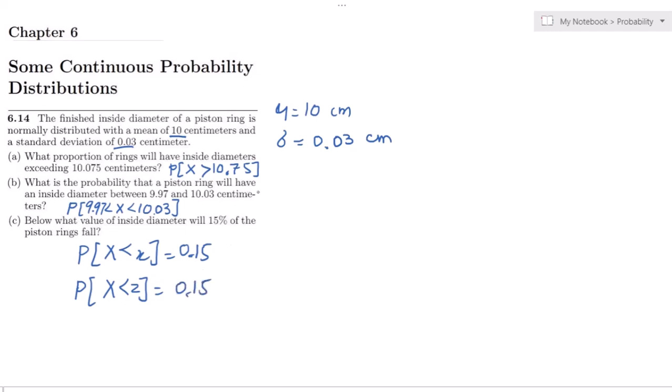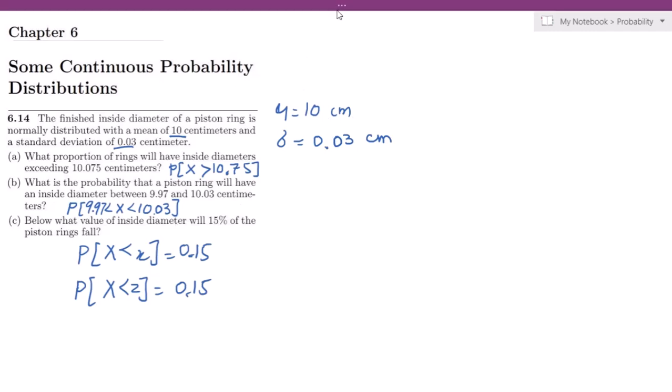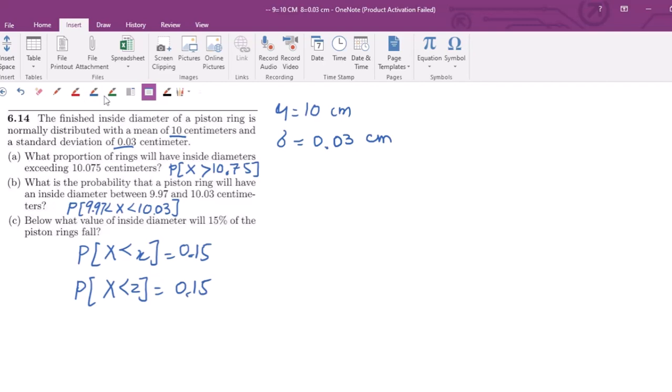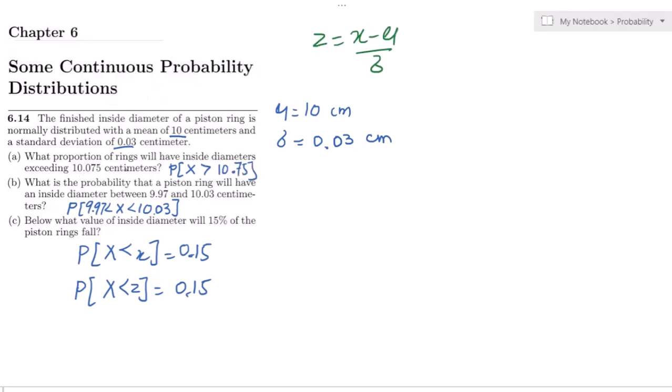Sorry, the value in part A is 10.075, let me correct it. 10.075, this is what we have.